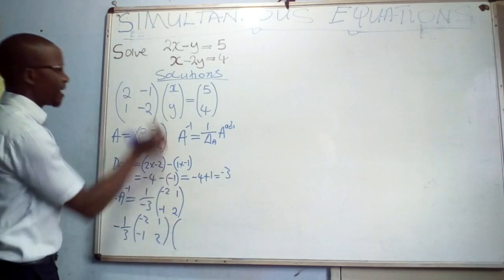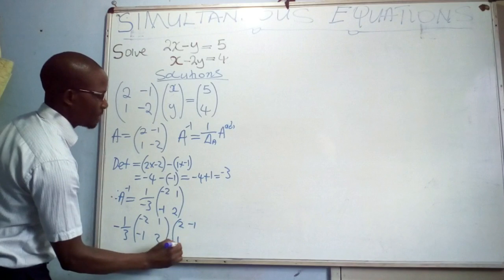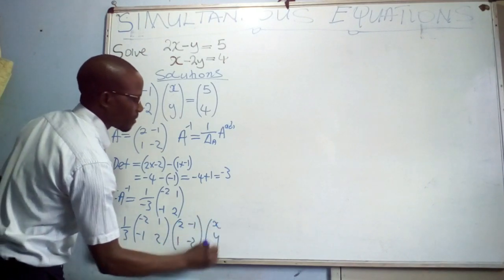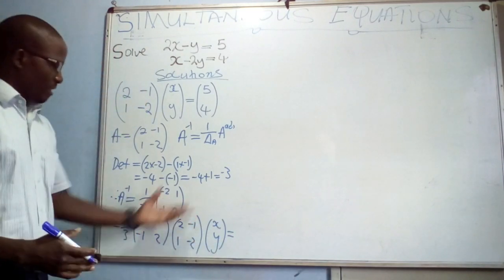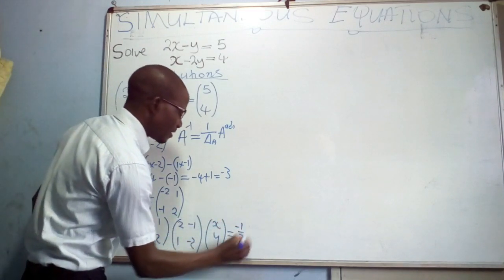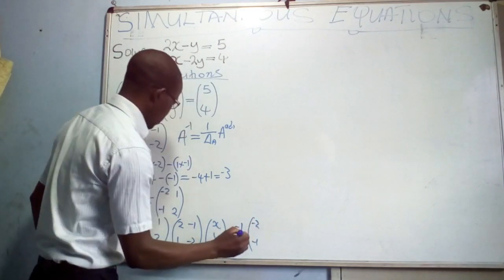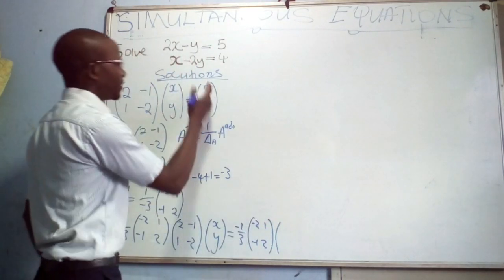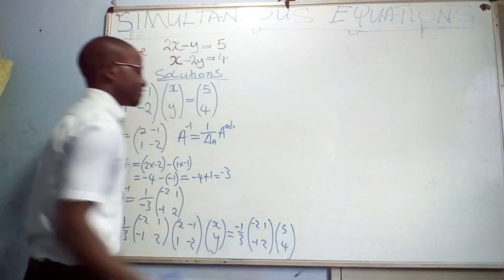So we multiply it to this, that is 2, negative 1, 1, negative 2, then x, y equals. We said you multiply throughout the matrix equation, meaning even the other side you still have to say negative 1 over 3 times this, negative 2, negative 1, then 1, 2 times the column matrix, which is 5, 4.